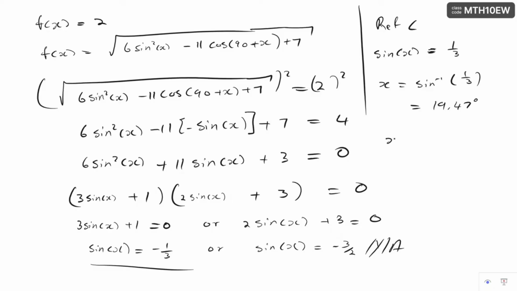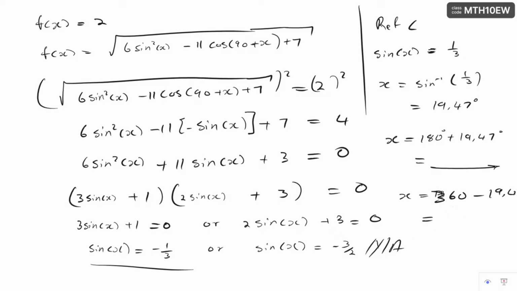So we're going to say x is equal to what? Is equal to 180 plus 19.47 degrees, and then I will punch and check the answer. Then the other one, x is equal to what? 360 minus 19.47.